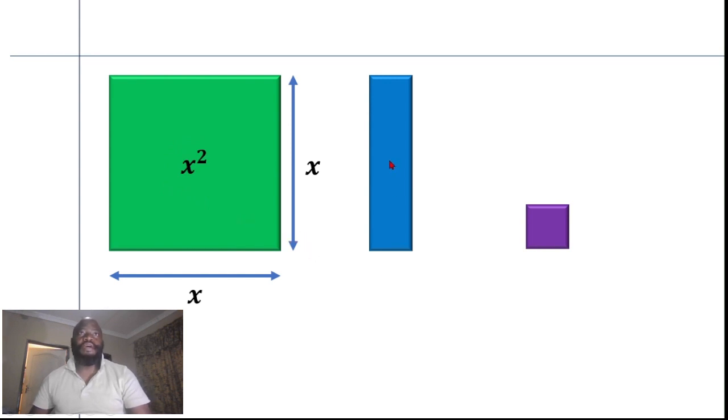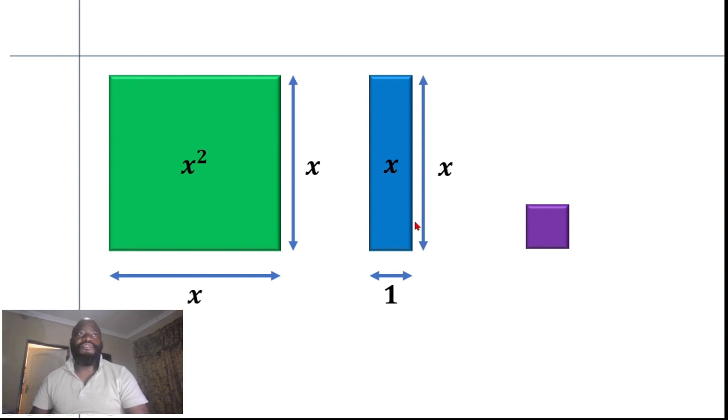Then here we have a rectangle which also has the same length of x, and its width is 1, which means its area will be 1 multiplied by x, and that's x. So this blue rectangle will be representing the x term.